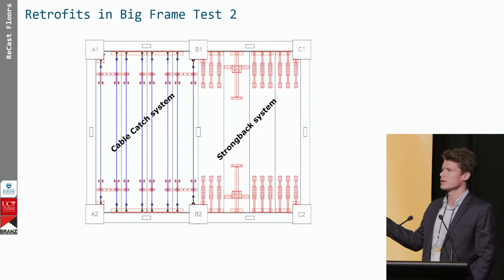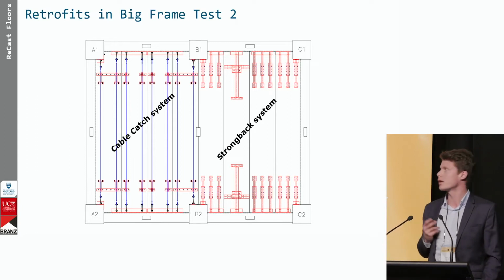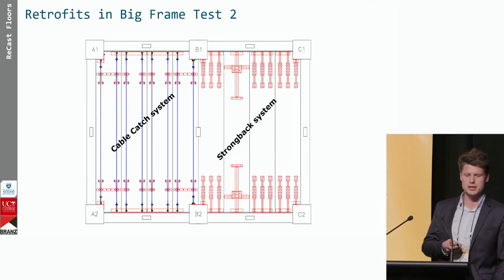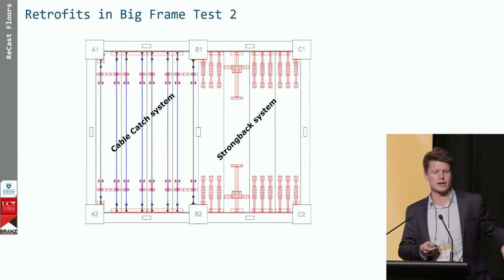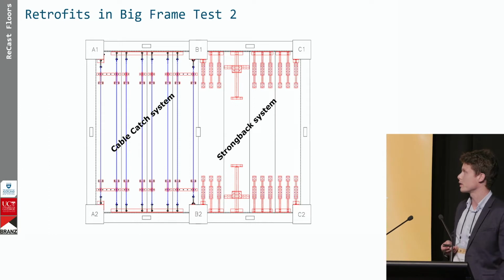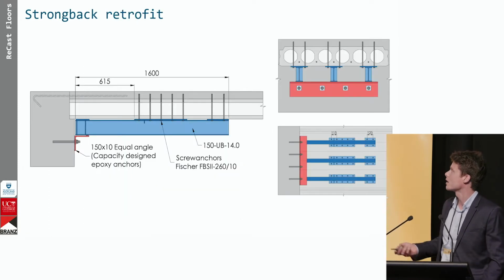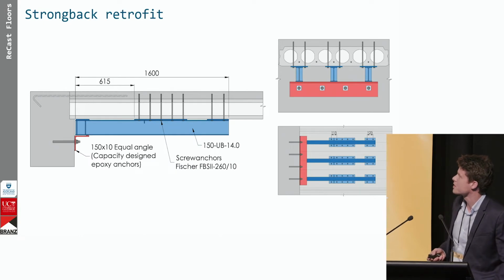It was retrofitted, and we put into this frame 2 new developed retrofits, and that was a cable catch system where we had wire rope running parallel underneath the units, and then the second retrofit was the Strongback system with cantilever catches, looking something like this.